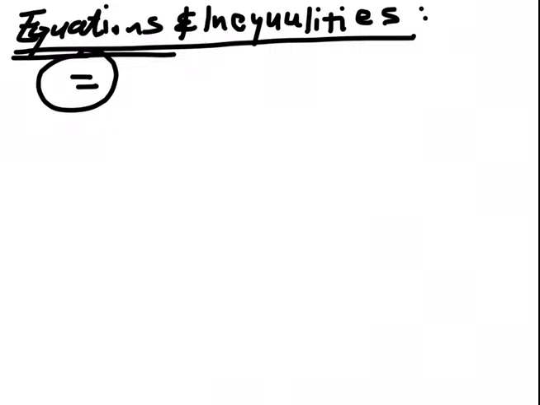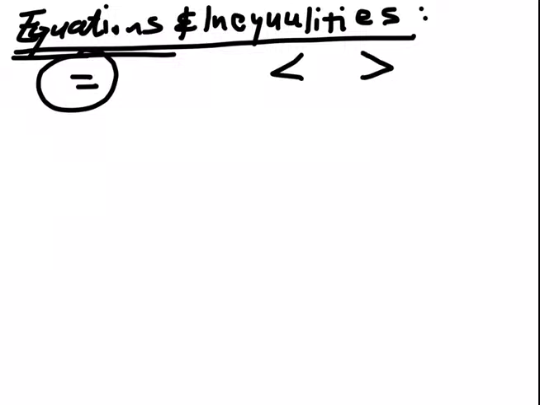And definitely if things are not equal, either one is greater than the other or it is smaller than the other one. So that's why we will be having more of these signs of less than and greater than.